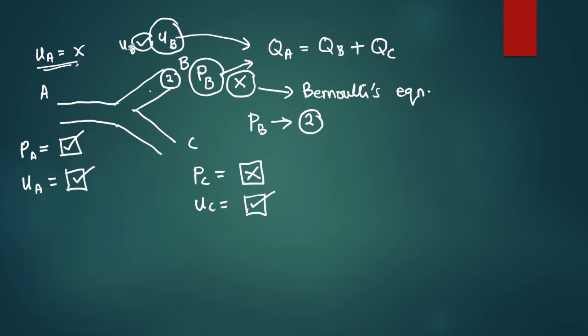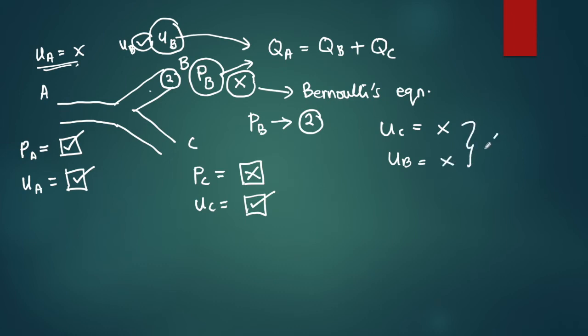But if both of these points do not have velocity, then you cannot choose them. Let's say you have UC and UB, so you select points C and B. But at C we do not have velocity, and the same for UB, we do not have velocity.